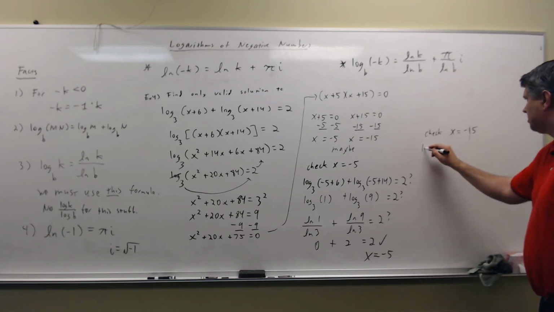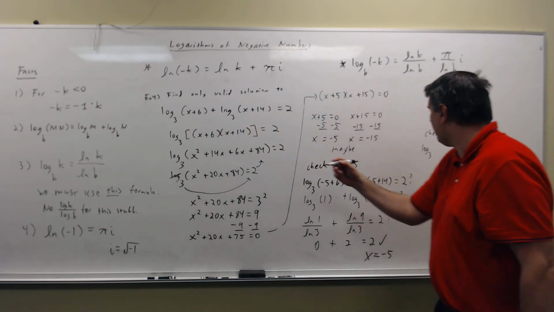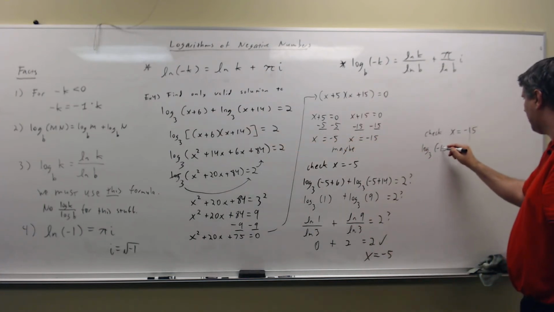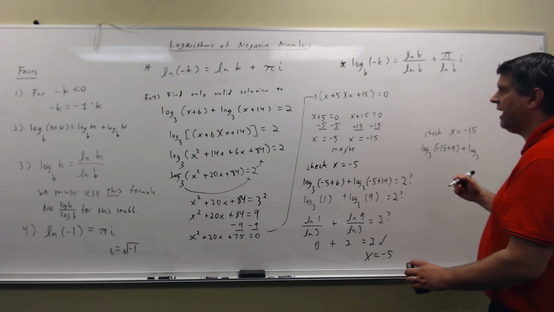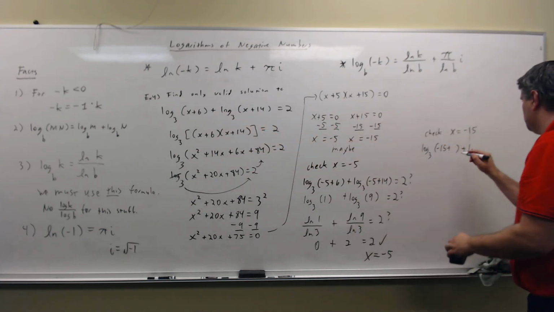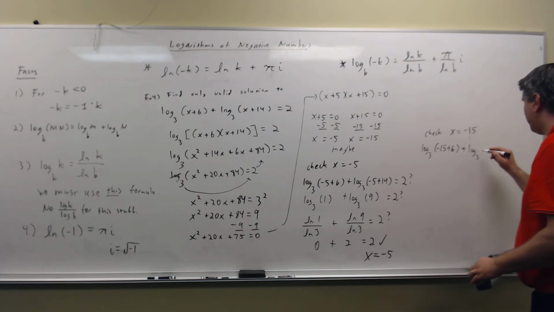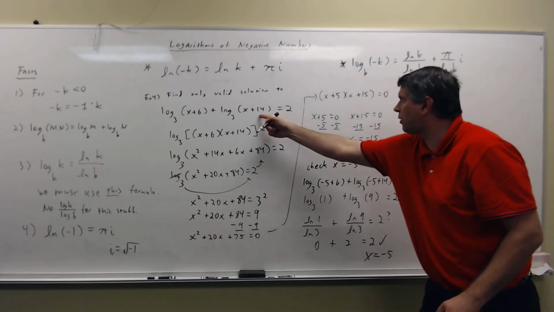So it's log base 3 of negative 15 plus 6 plus log base 3 of negative 15 plus 14.